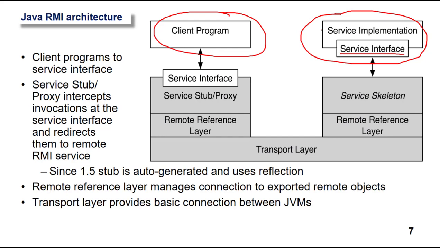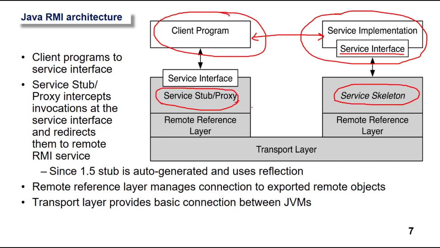The service interface is implemented on the service side, but it is also used by both the client and the server. The interface is used by the client program to create something called a stub, and on the service side, the interface is also used to create something called a skeleton.